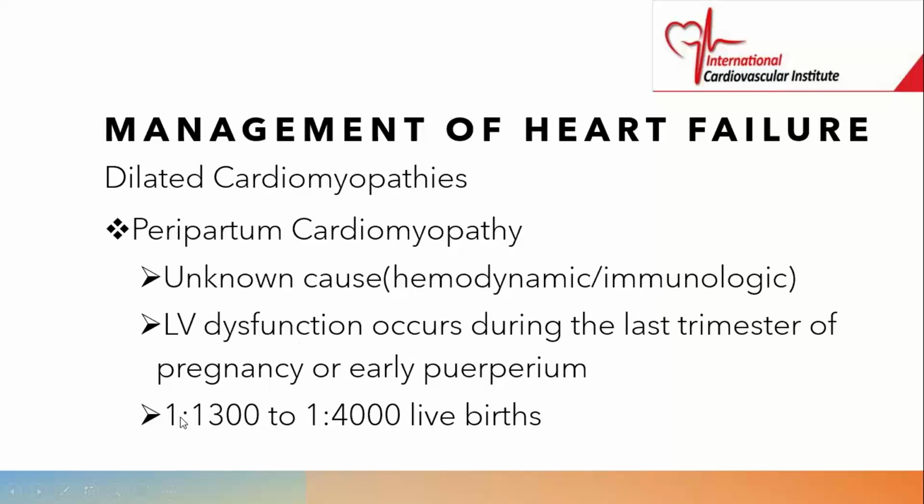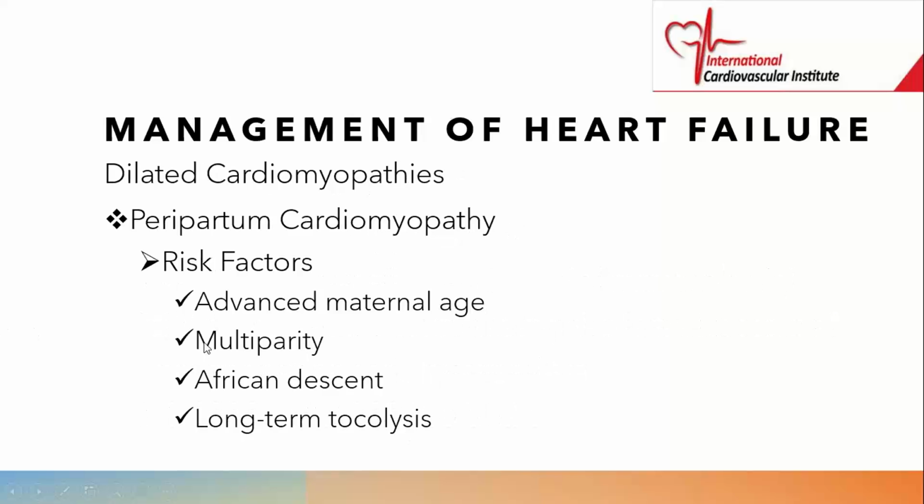It occurs in 1 in 1,300 to 1 in 1,400 live births. So people doing the exam need to know that. What are some of the risk factors for peripartum cardiomyopathy? Advanced maternal age, older than 35, okay, going up.